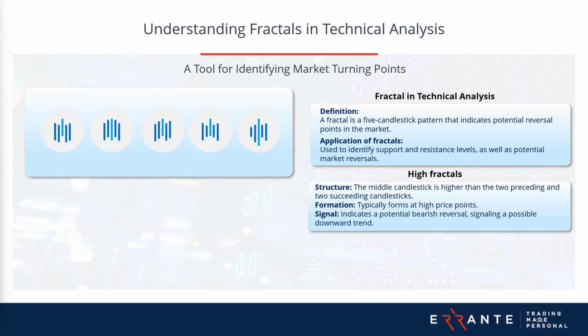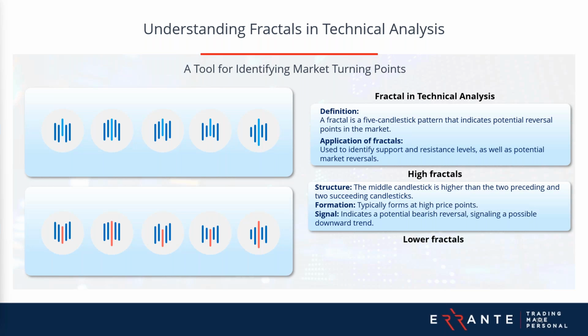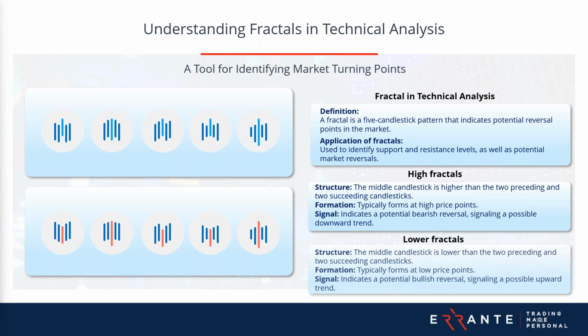But let's get through the low fractals as well. A low fractal occurs when the middle candlestick is lower than the 2 preceding and 2 succeeding candlesticks. This formation typically forms at price floors, indicating support levels.